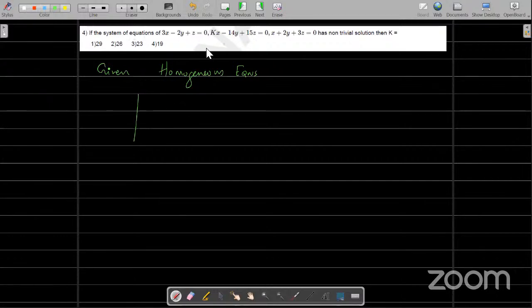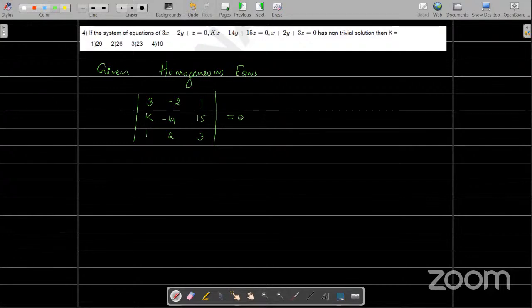of the coefficients. So 3, minus 2, 1, then k, minus 14, 15, and 1, 2, 3. And we know that this is the criterion for a non-trivial solution of a homogeneous equation.